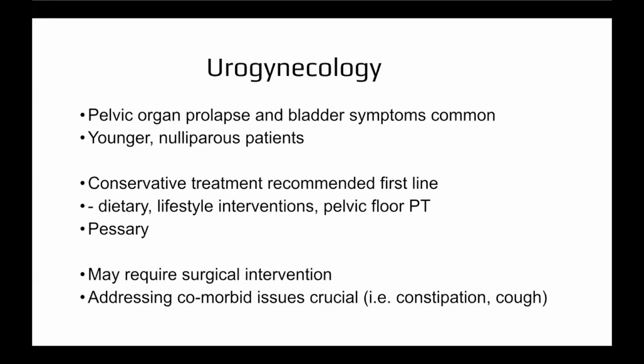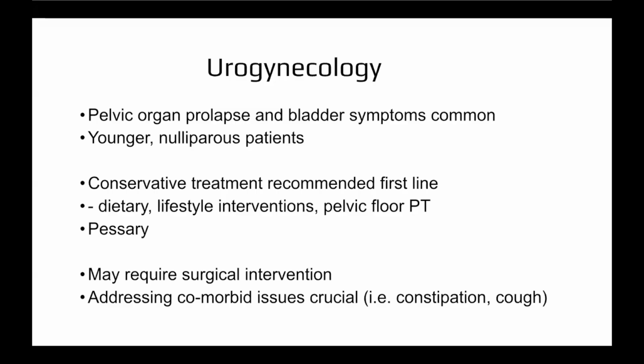So pelvic organ prolapse and bladder symptoms are very common in patients with HSD, even in younger patients who haven't had kids. A lot of people think, oh, you've got to either be older or have had five kids. No, it's really always a function of your constitution, what your tissue is like, and your environment, what you've done to that tissue.